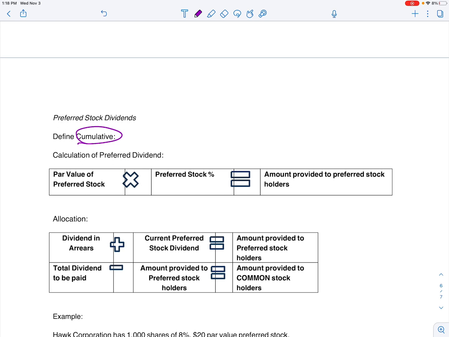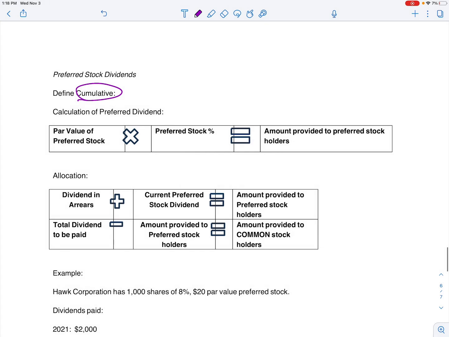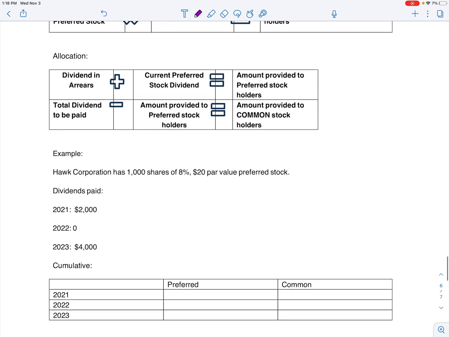We have to understand the difference between cumulative and non-cumulative, as well as how to calculate this amount that's going to the preferred stockholders. So I have some calculations in here for you on how to calculate these dividends. And I'm going to show you how to do that.